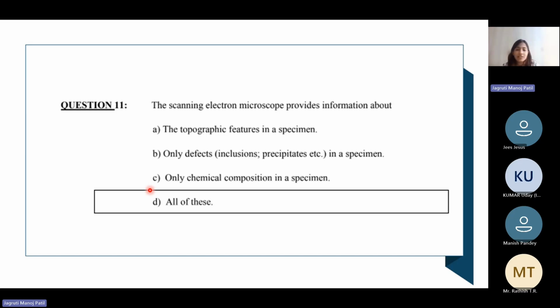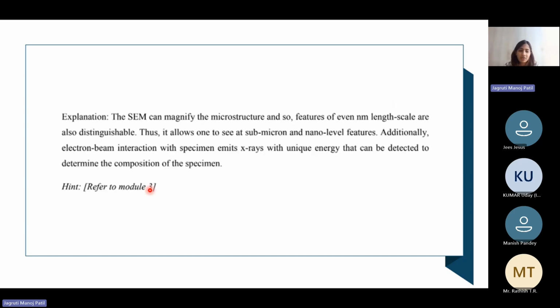You can do elemental analysis, and through that you get information about the chemical composition. If your sample has cracks, or is fibers or a hydrogel or scaffold, you get to know if there are defects in your specimen. And of course, you get information about the surface features. So that's all of the above.